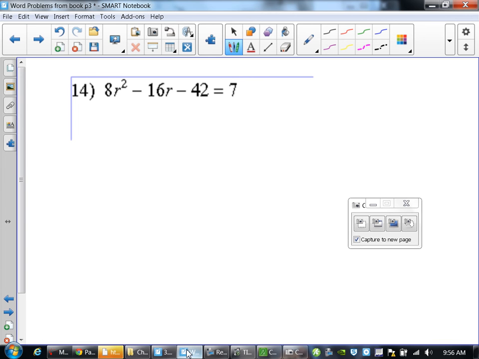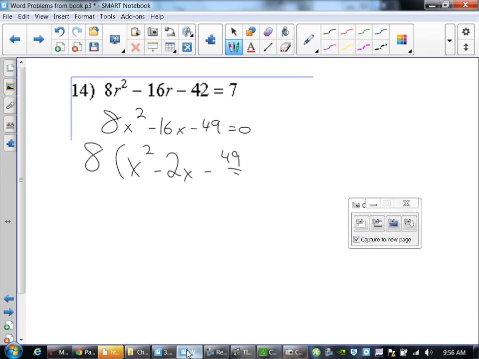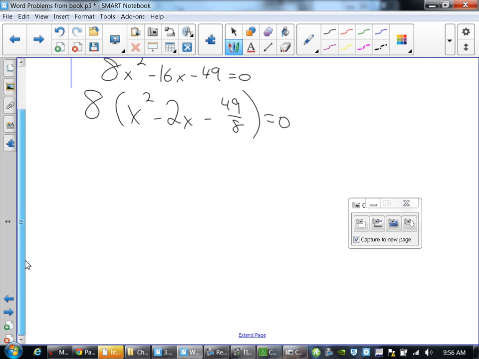First thing, move the 7. So we have 8x squared minus 16x minus 49 is 0. Divide everything by 8. We have x squared minus 2x minus 49 over 8 is 0. Don't simplify anything.